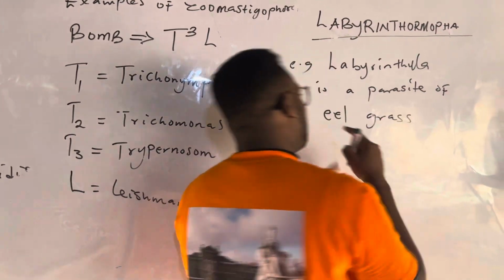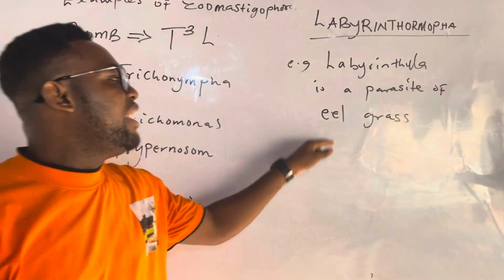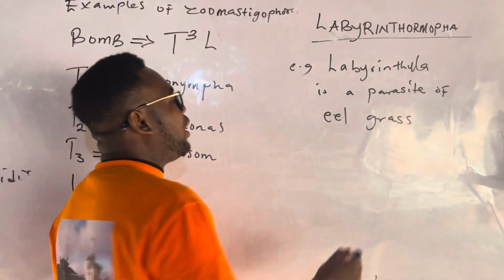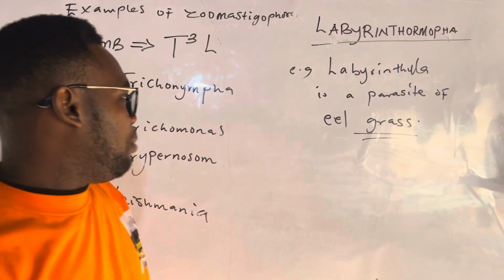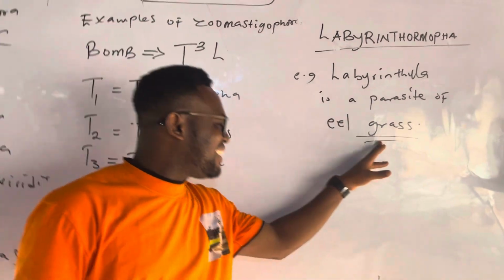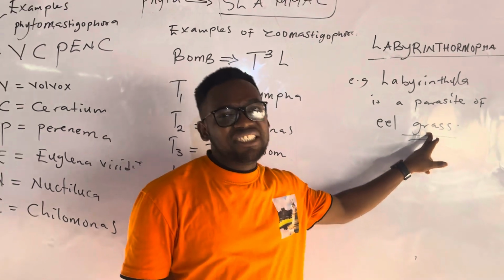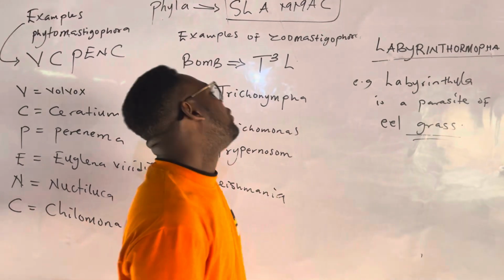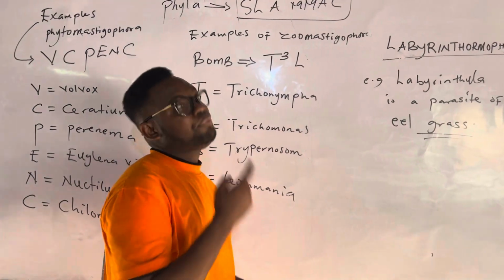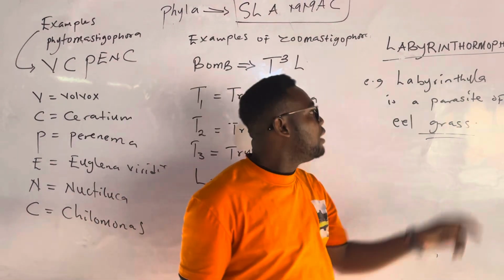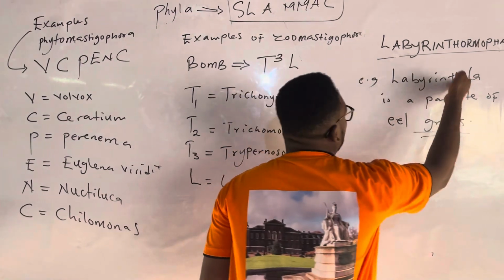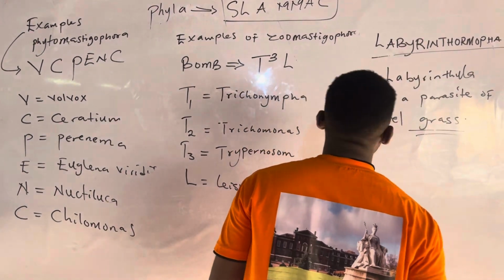Please take note of the spelling: E-E-L. So Labyrinthula is a Labyrinthomorpha, and as such is a parasite, and they parasitize eel grass. Should you get that question in the exam, the parasite of eel grass is Labyrinthula, an example of a Labyrinthomorpha.